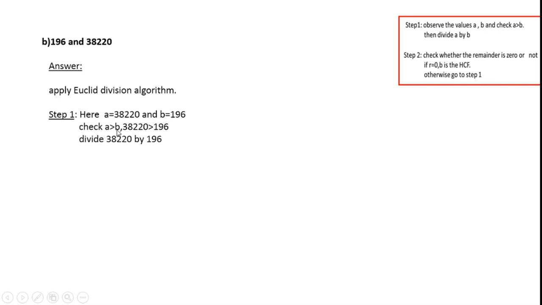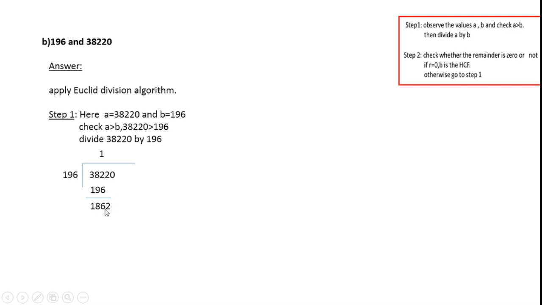Now check A greater than B. Here 38,220 is greater than 196. Now we can divide 38,220 by 196. 196 times 1 is 196. The remainder is 186.